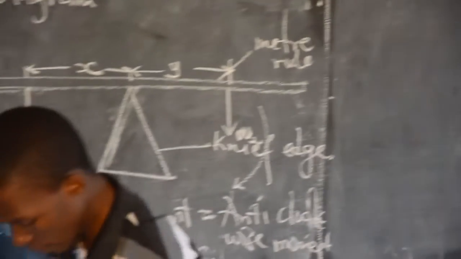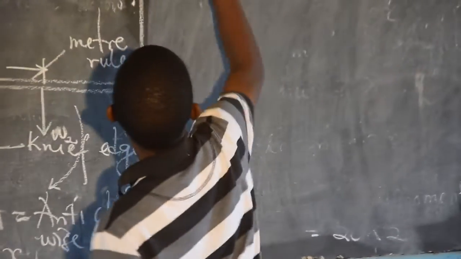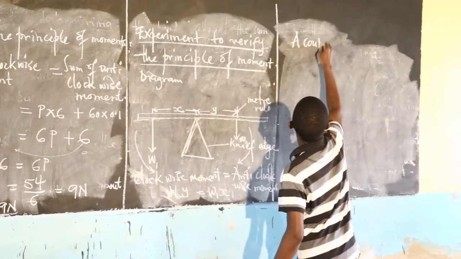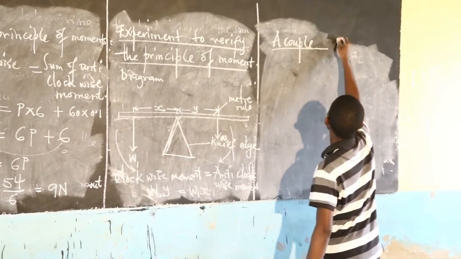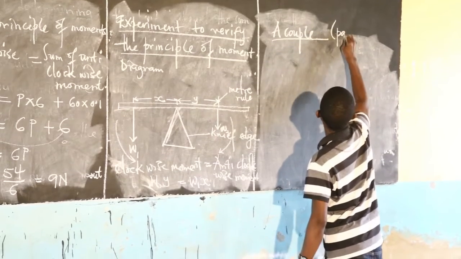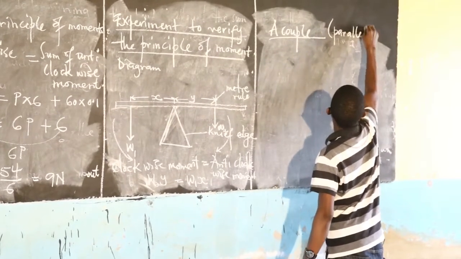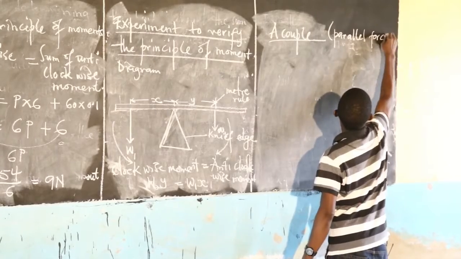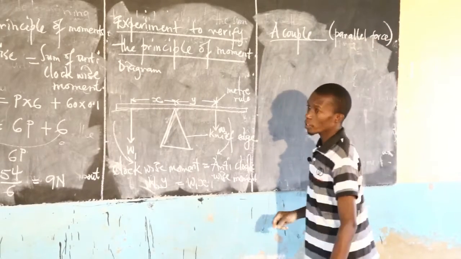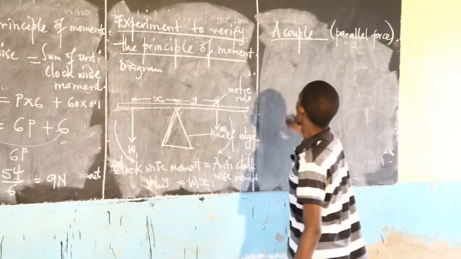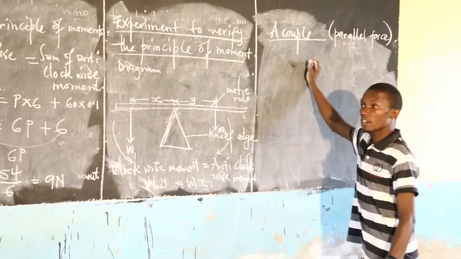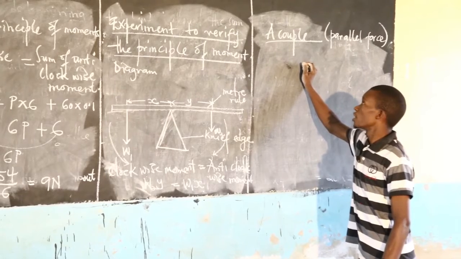So, we talk about the couple, or the torque, in bracket, parallel forces. When we talk about the couple, there is a moment of a couple and there is a couple.